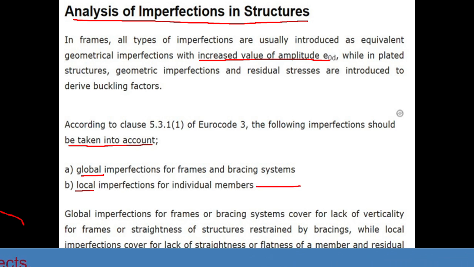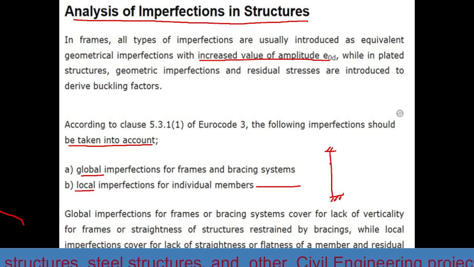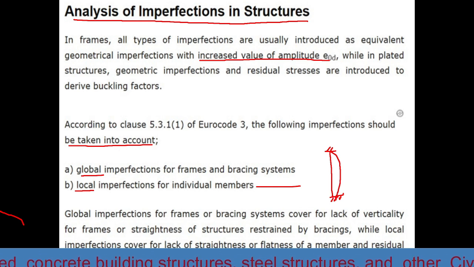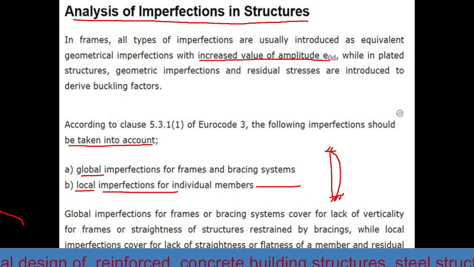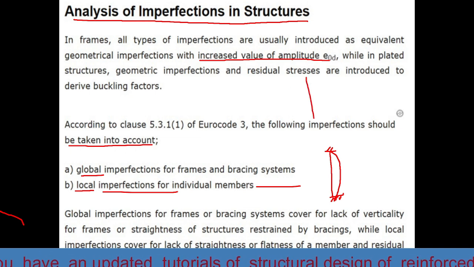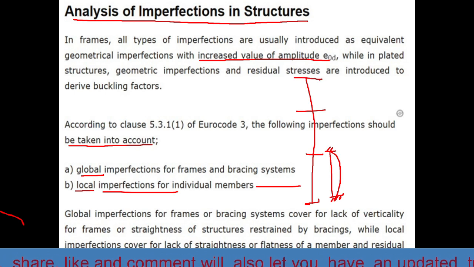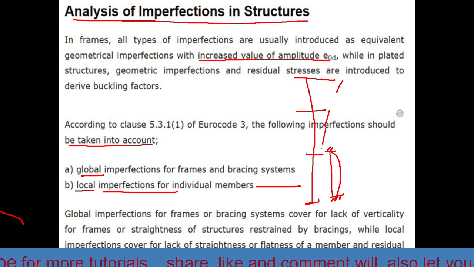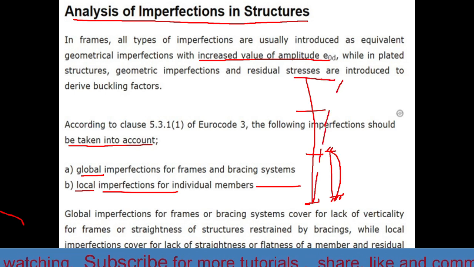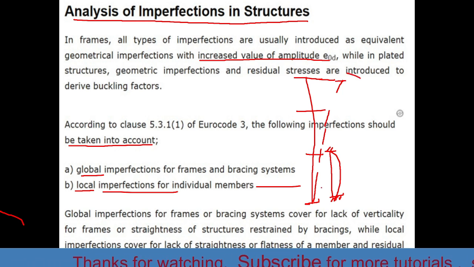So suppose we have a column, and there is a problem of imperfection. And if we have many columns, this is what we call global imperfection, because the effect is global.